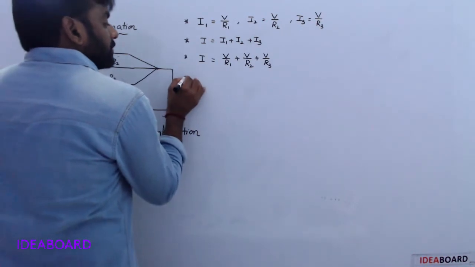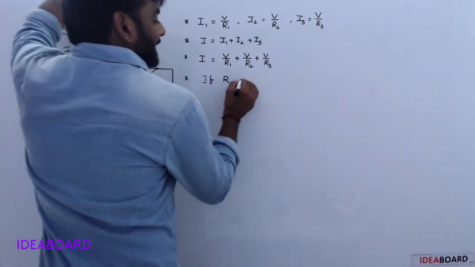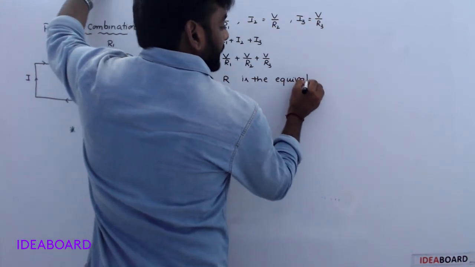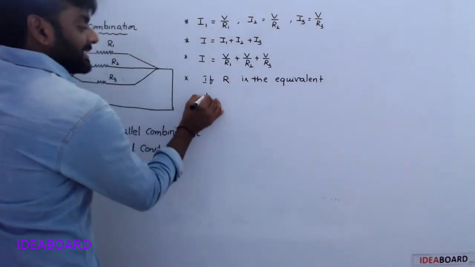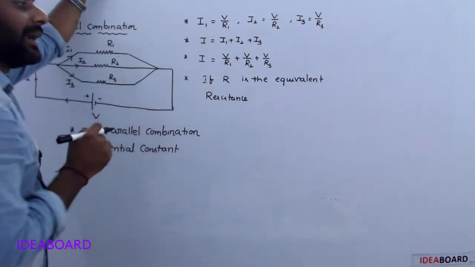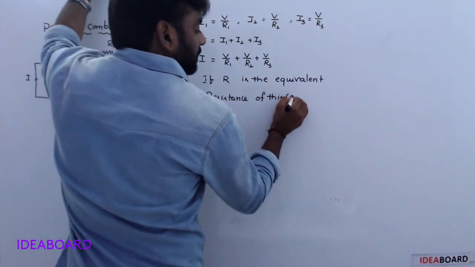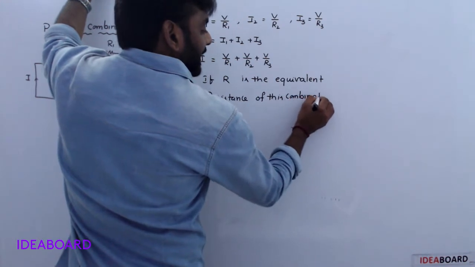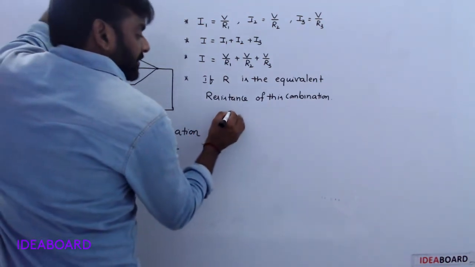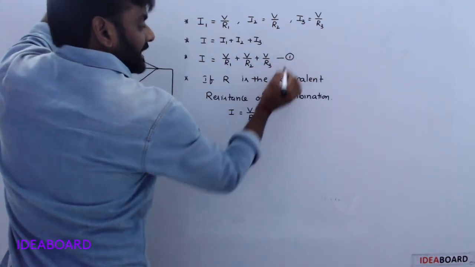Now, if R is the equivalent resistance of this combination, then simply you write I is equal to V by R. It is equation 1.